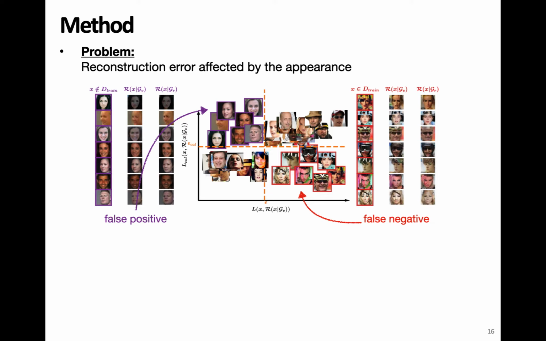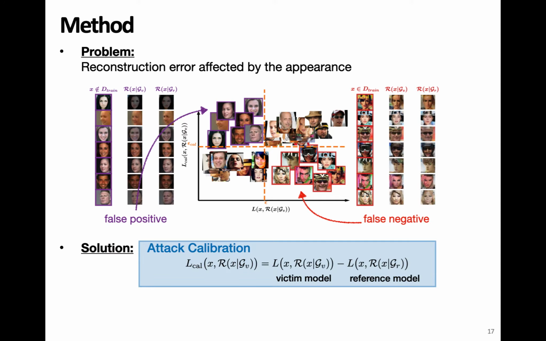However, the reconstruction error is easily affected by the structure in the sample appearance, leading to a false positive for non-member samples with simple structure, and false negative for training samples with complicated structure. For addressing this, we propose attack calibration.